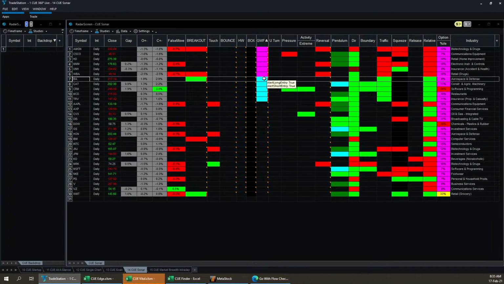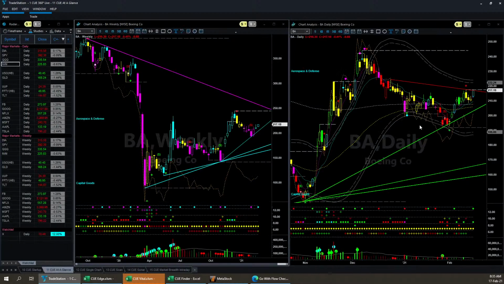BA is giving a possible go with flow long setup on the daily interval. Then we used to look at it using the chart, weekly, daily at a glance template, and see if the weekly condition is also being met. In this case, the weekly condition is also being met, daily condition is also being met. So it is giving a trend following long trade setup.